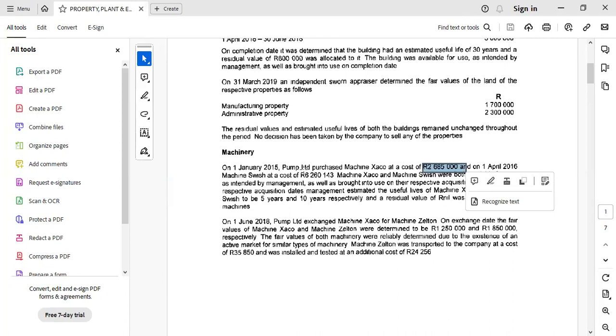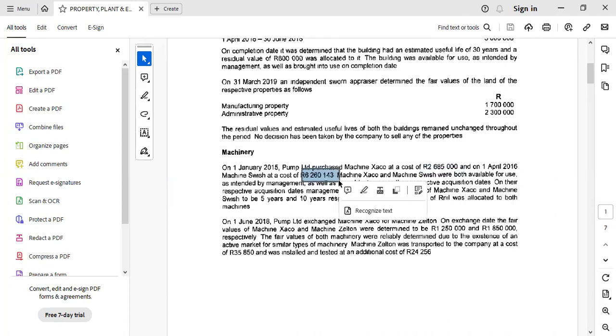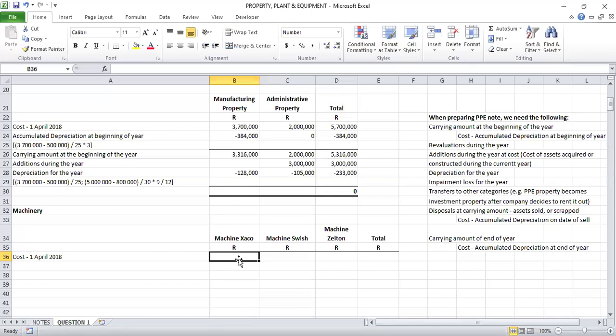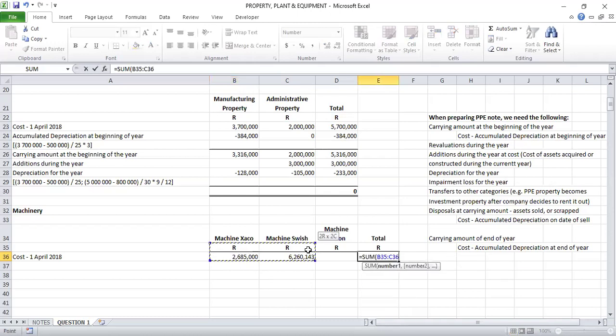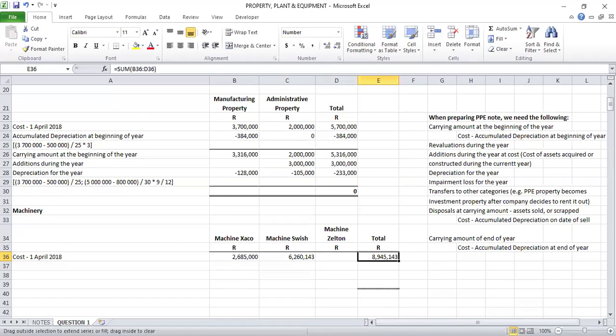And Swish, it was 6,260,143. Machine Zelton was not yet there.